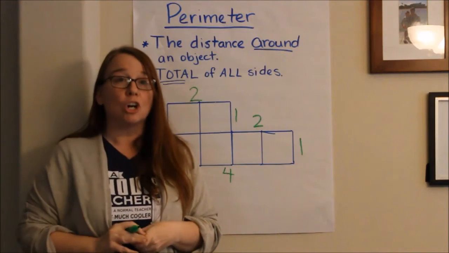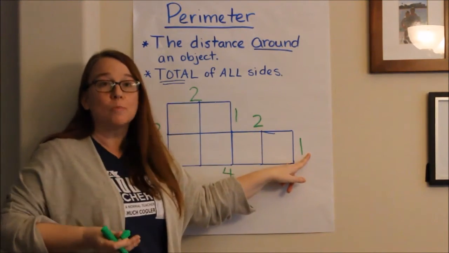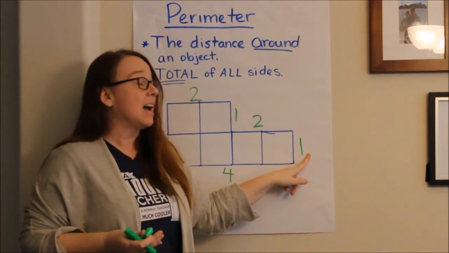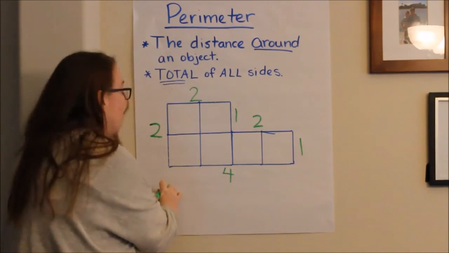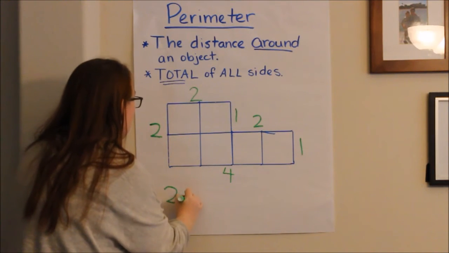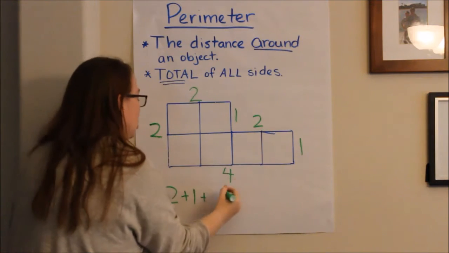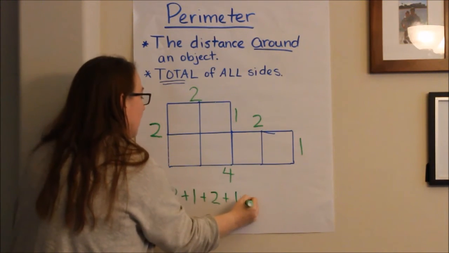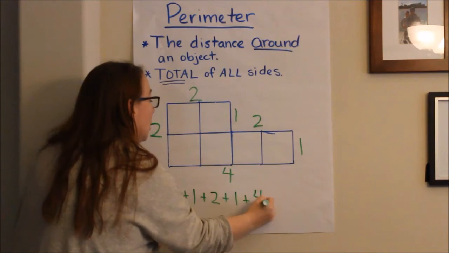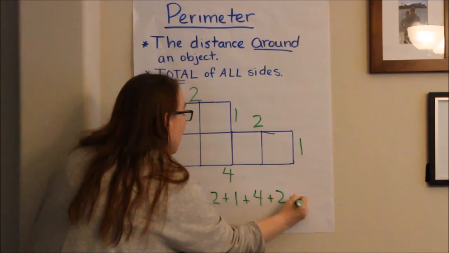To find the perimeter, all we do is add up the units or the measurements of all of the sides. So, starting at the top, I'm going to add, using my equation, 2 plus 1 plus 2 plus 1 plus 4 plus my last side of 2.